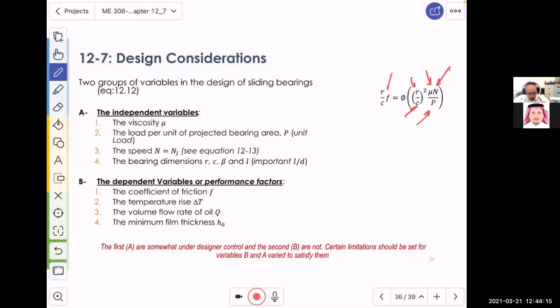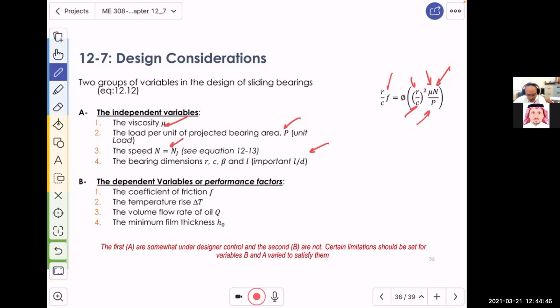So from a design point of view, we can group this end of mathematics into two parts. The first one is the independent variables, and it is the viscosity, the pressure, the speed, and the dimensions. Logically, you can make a decision about these as a designer.